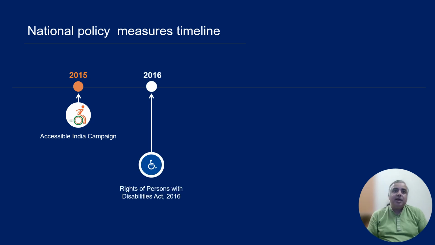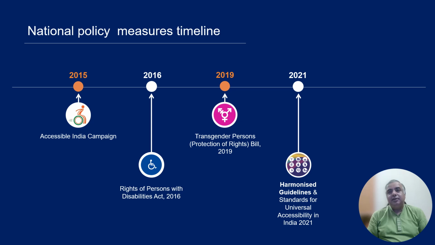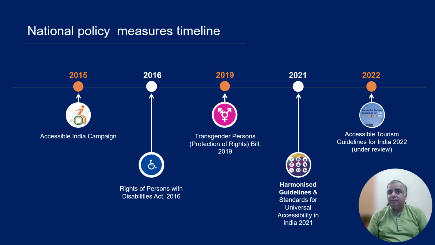2016, the landmark Rights of Persons with Disabilities Act was passed in 2016, which was way ahead from the earlier Act of 1995. 2019, the Transgender Persons Bill was passed. 2021, the Harmonized Guidelines and Standards for Universal Accessibility in India were released, of which I remain the Roorkee author in collaboration with National Institute of Urban Affairs.